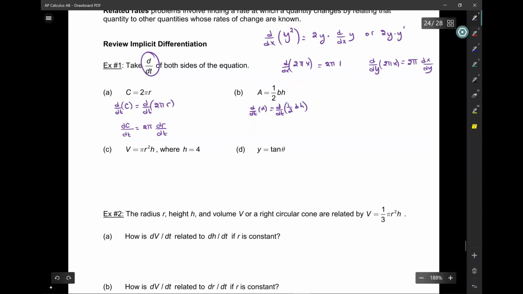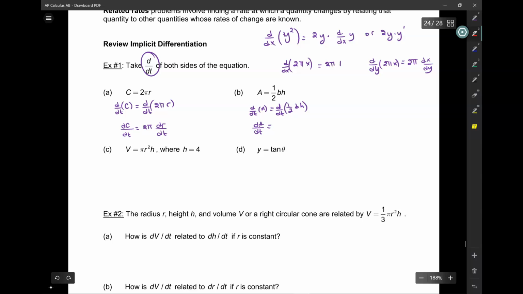Now, it's d/dt of A, different variables, so it's just dA/dt equal to, now look at this one. I have d/dt, one variable, t, and then I have another variable, b, and then another variable, h, right? So this is going to be a product rule.